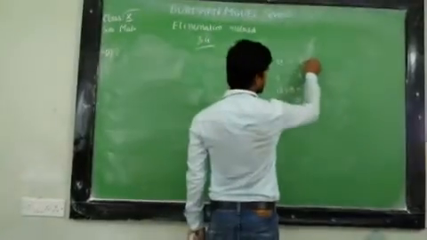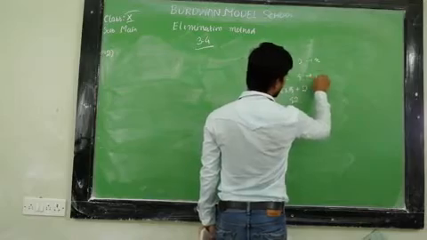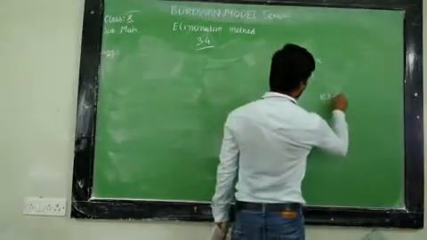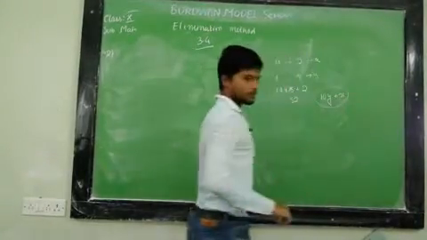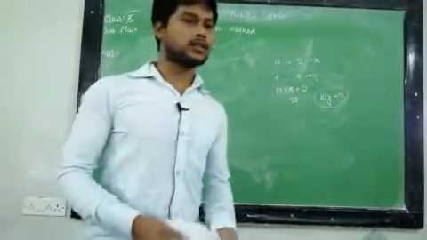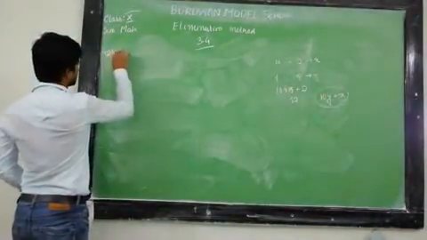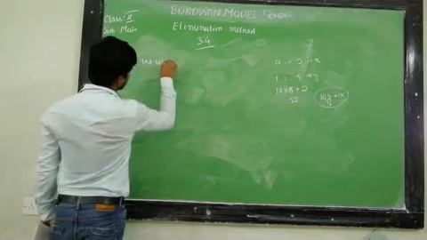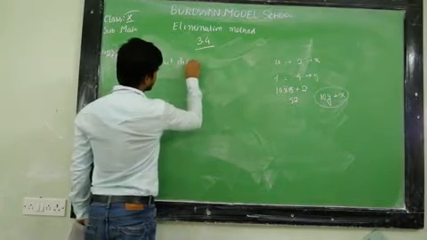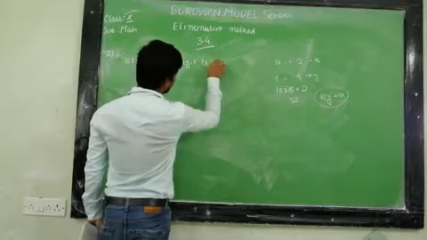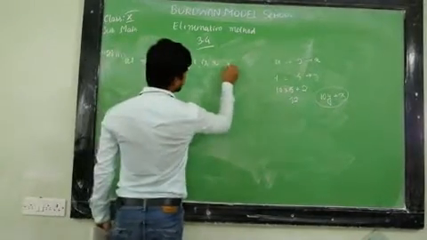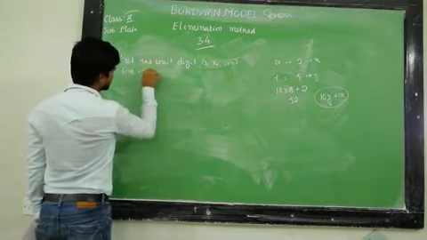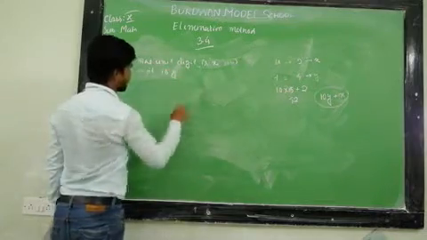If we consider the unit digit as x and the tens digit as y, then the number will be 10 into the tens digit, that is y, plus the unit digit. So here we also consider that this is question number 3. Let the unit digit be x and the tens digit be y.